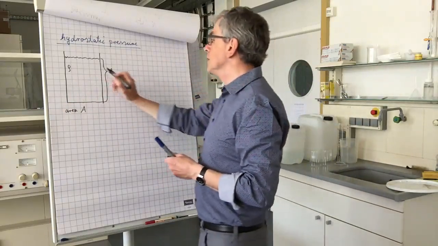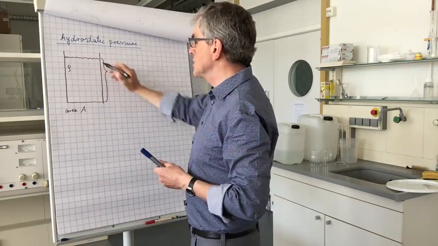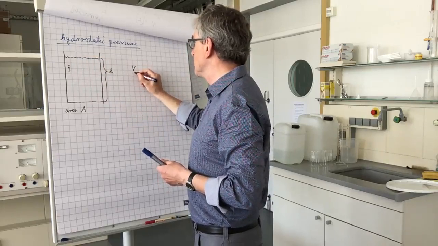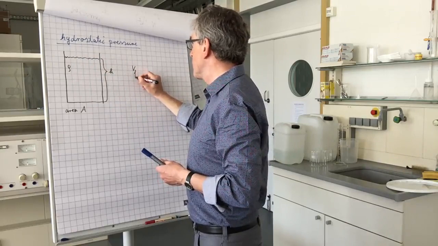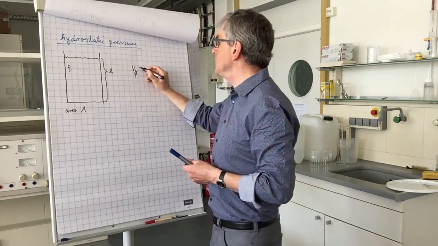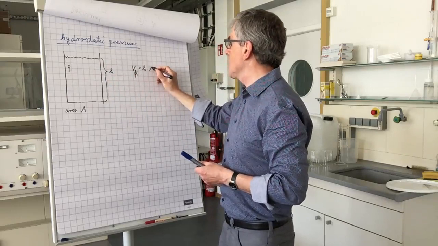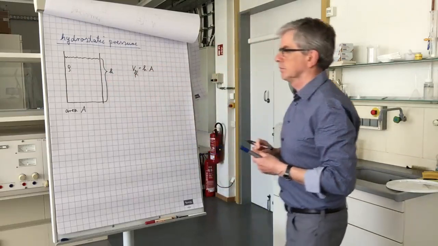So the volume of the fluid is the height h times the area A.